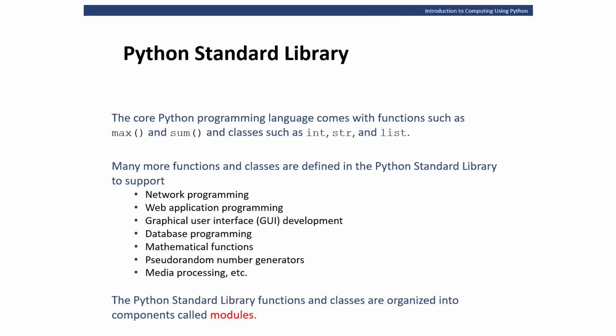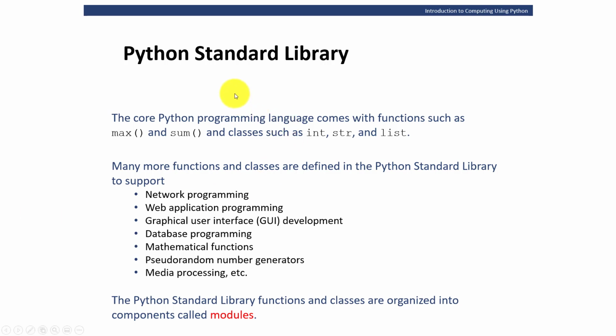Guys, the core Python program comes with functions such as we saw max, and we saw sum to compute the sum of a list, and it comes with the basic classes such as integer, string, and list. While those are by no means all the built-in Python functions and classes, the core Python is kept small for efficiency and ease of use purposes.